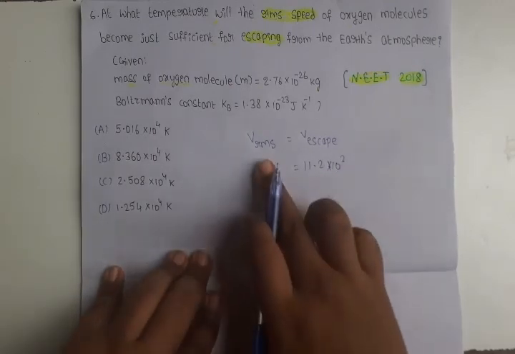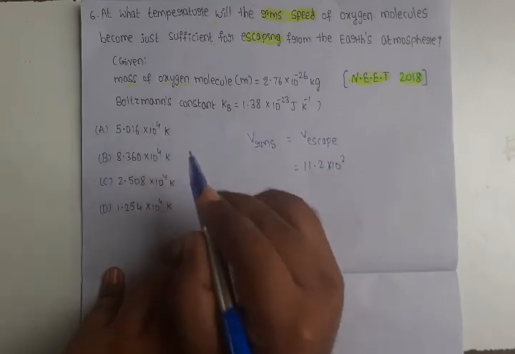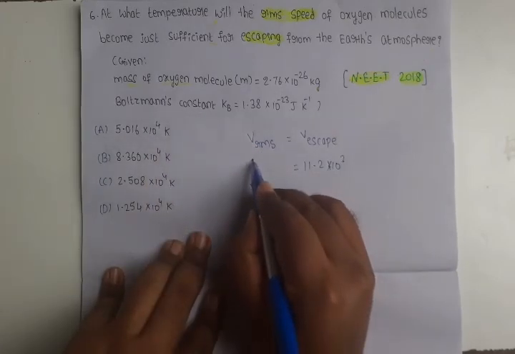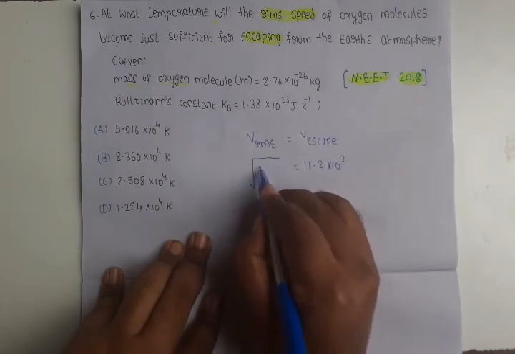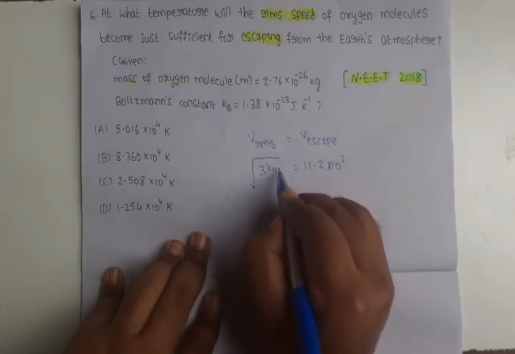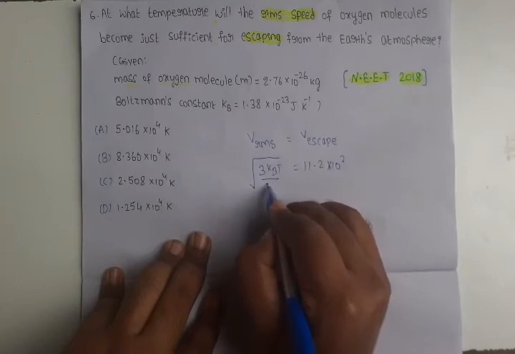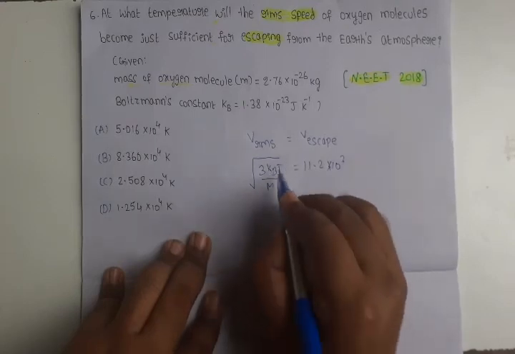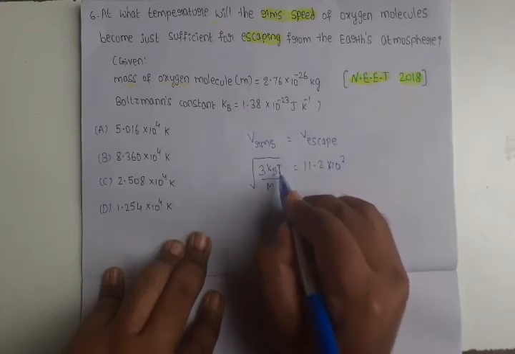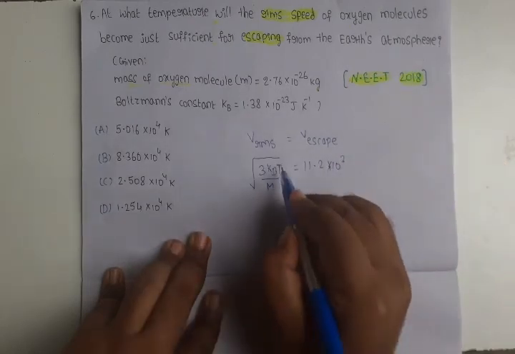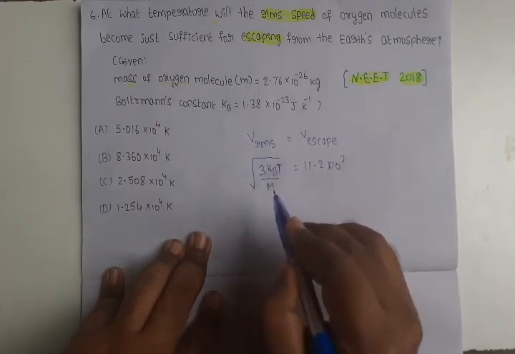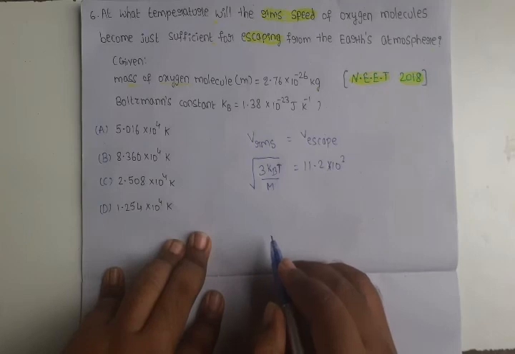So VRMS formula in terms of the Boltzmann constant is equal to square root of 3 kBT by m, where kB is the Boltzmann constant, T is the temperature, m is the mass of the oxygen gas. We are going to find the temperature of that oxygen molecule.